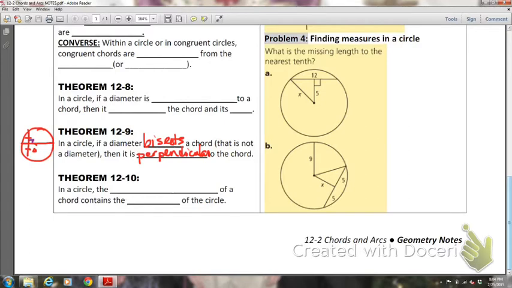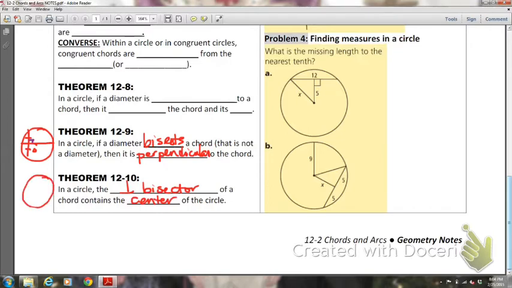The last theorem says that in a circle, the perpendicular bisector of a chord contains the center of the circle.